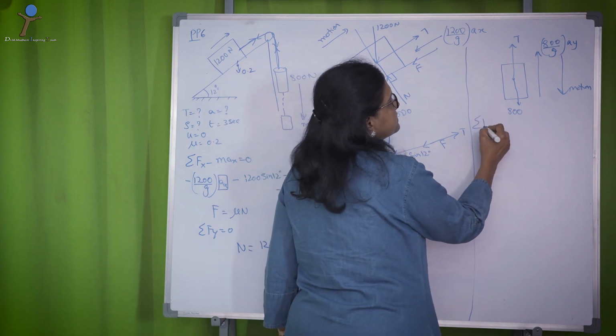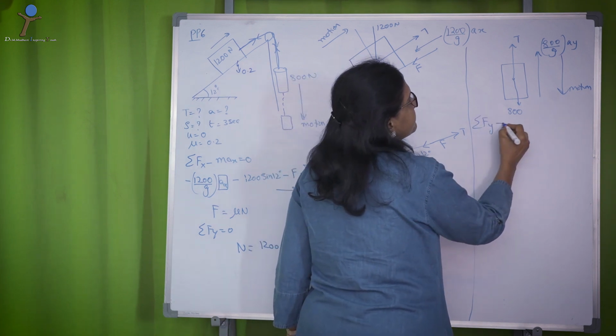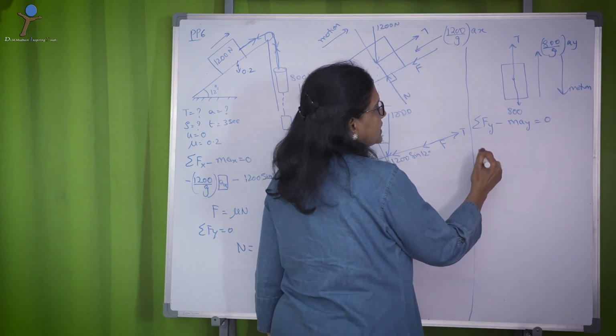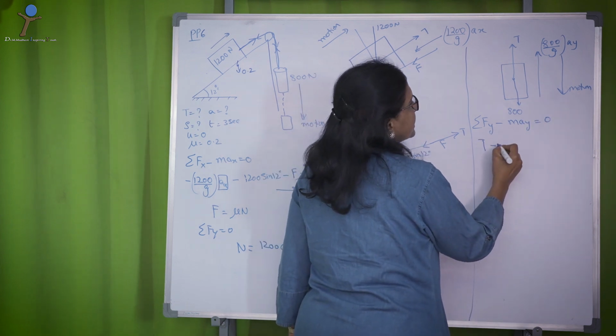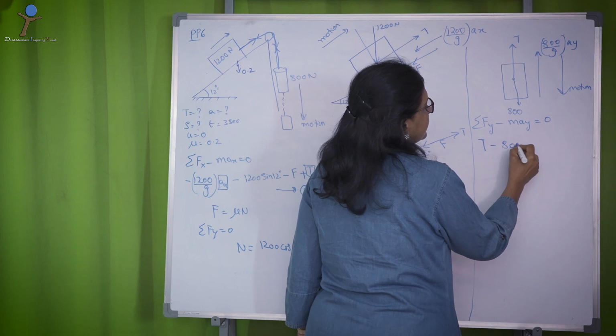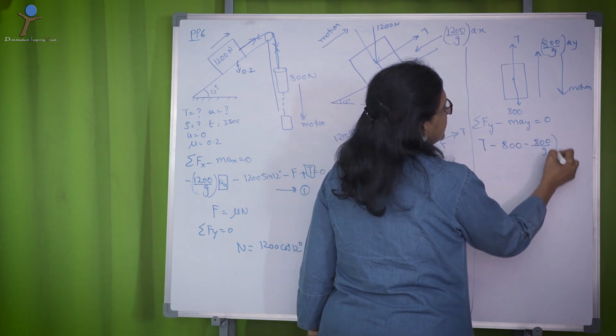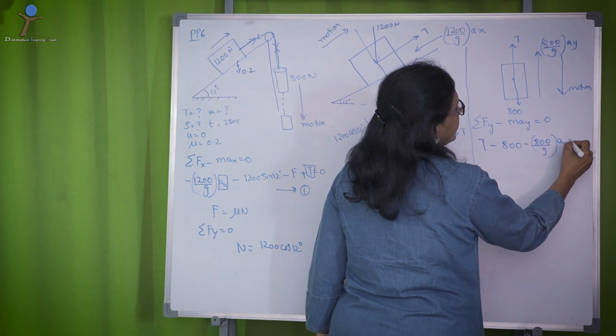Now, the D'Alembert's principle, sigma Fy minus may equal to 0, that is T minus 800 minus 800 by g into Ay equal to 0.